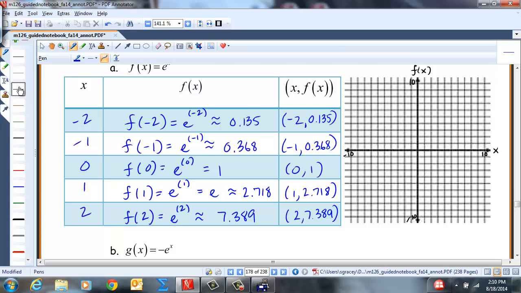So -2, just over a tenth. And then -1, just above a third. And then 0, 1. And then 1, 2.7-ish. And then 2, 7.4-ish, about here. So then we'll have our graph.